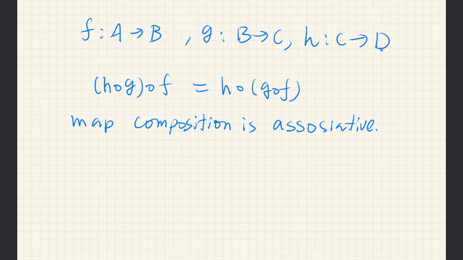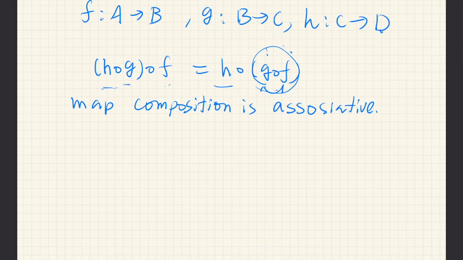Okay, I mean, of course, they are not commutative, so we cannot swap the order, but the order of composition itself is irrelevant. Okay, so first we apply f, then g, and compose them. Then after that we compose h. That is the same as first composing g and h, then composing that with f. So after f, they are the same.